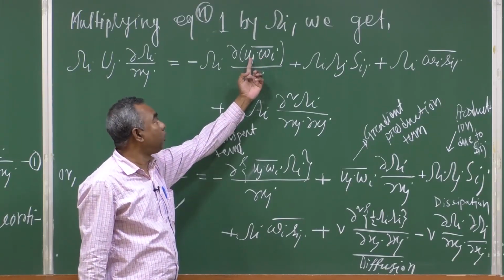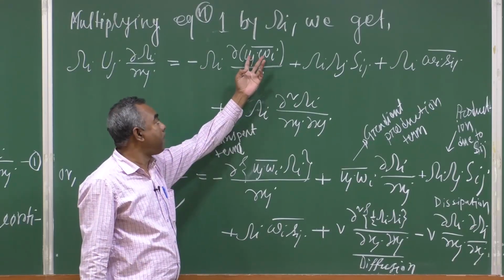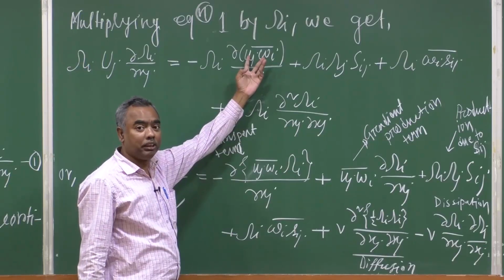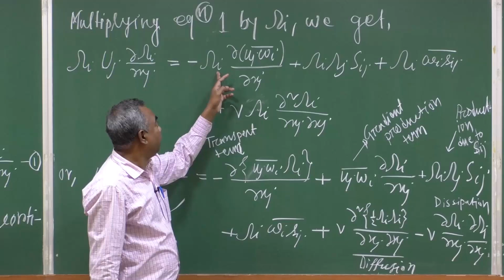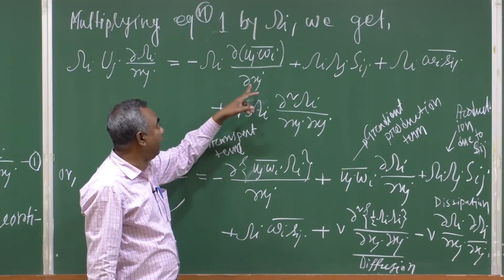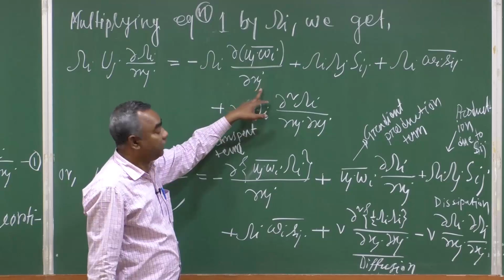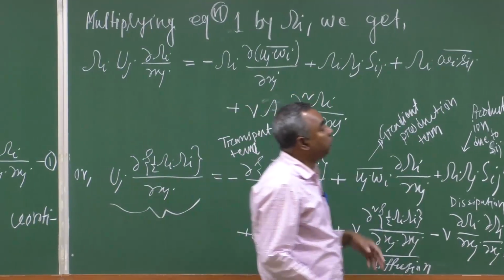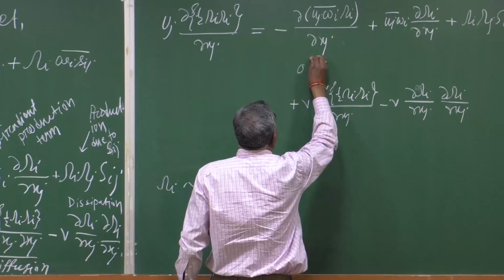Then the order of magnitude of u_j omega_i is u_t squared by L. So, the order of magnitude of this particular term is u_t squared by L, and omega_i del x_j is equal to u_t by L squared.